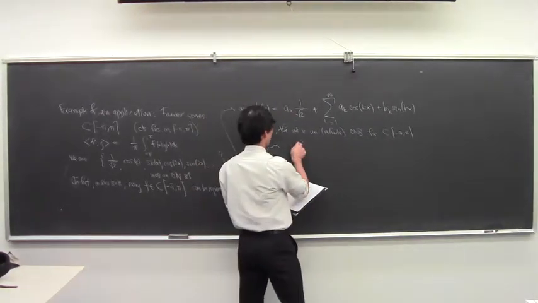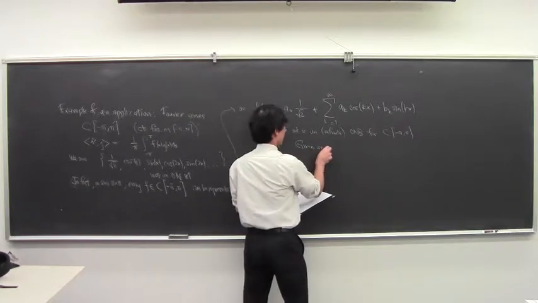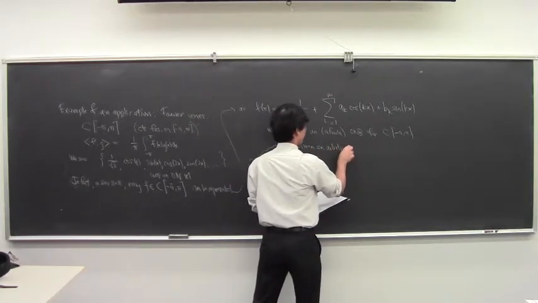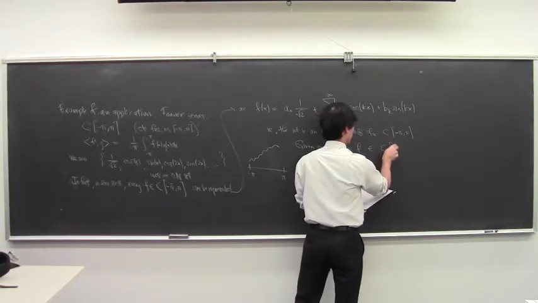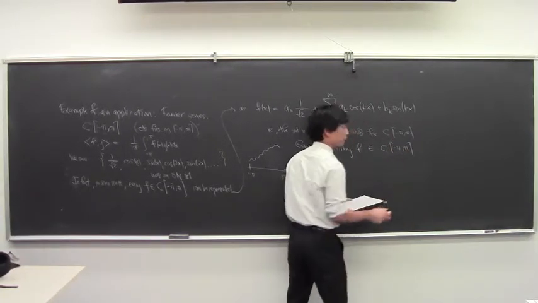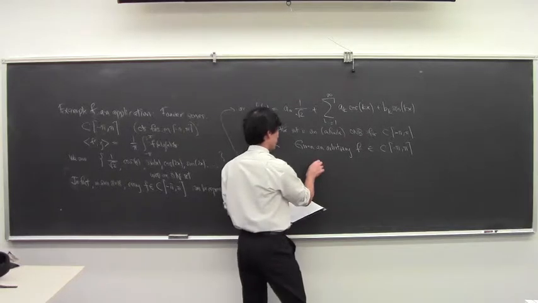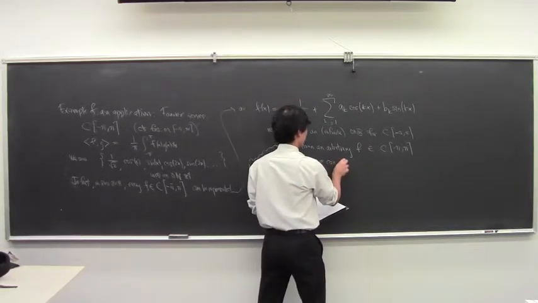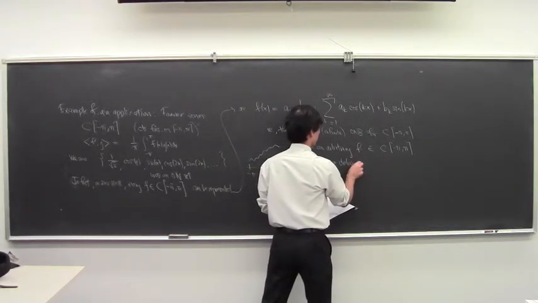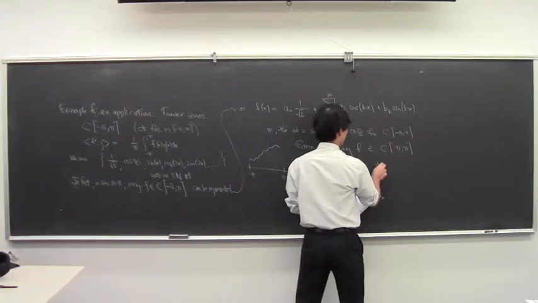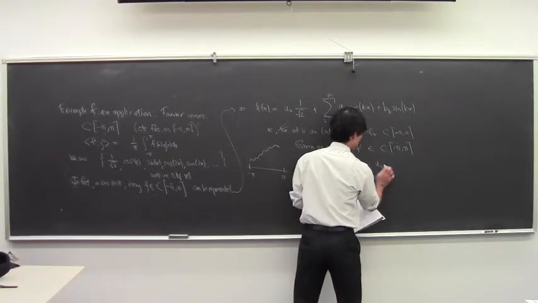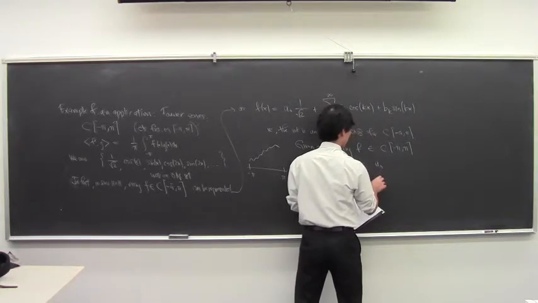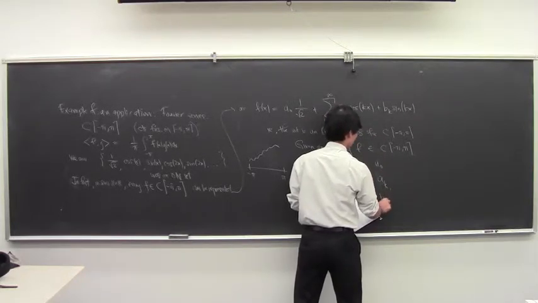So given an arbitrary f, think of this as some sound that you've chopped down to live on a particular time interval, we can determine a0, a1, a2, all the a's, and we can determine all the b's.